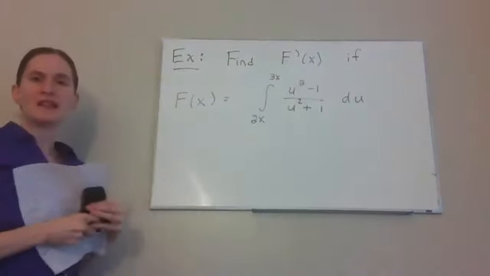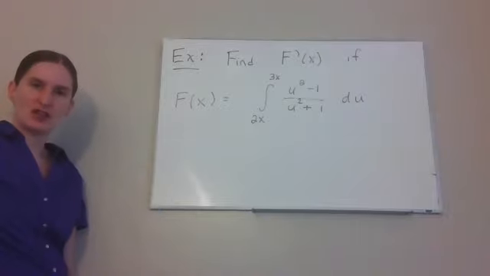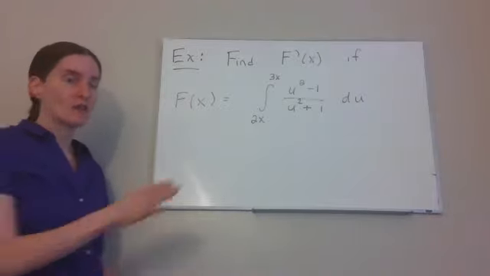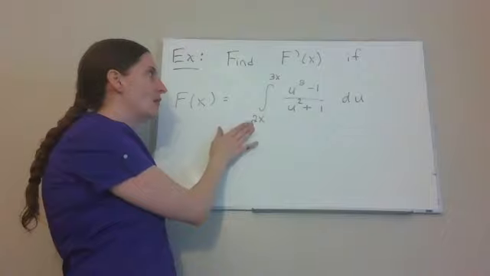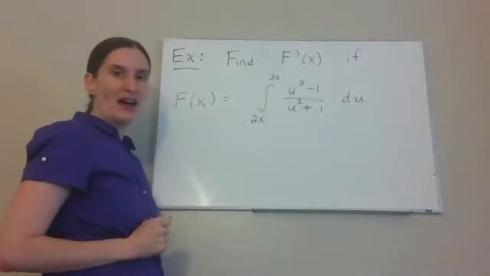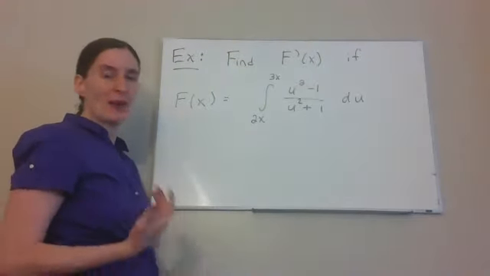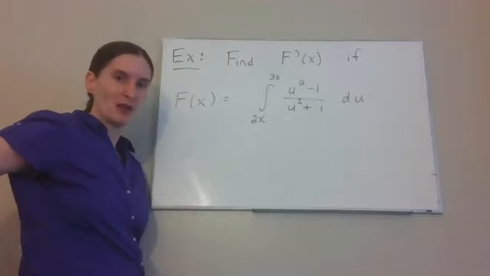So what makes this problem different from the one we just did? I'm not just having an integral from a number to a function of x. I have a function of x on both the top and the bottom of this particular problem.